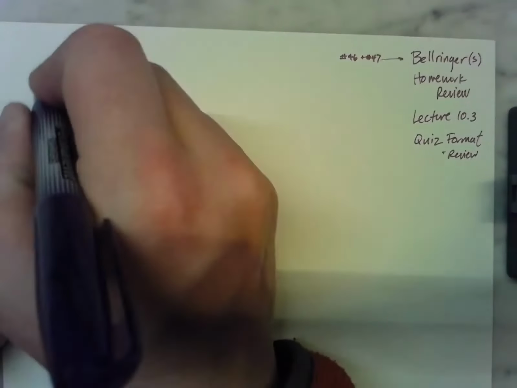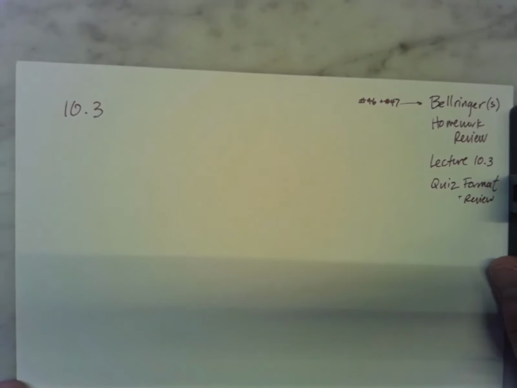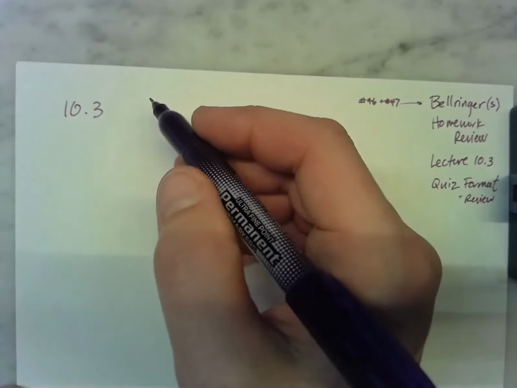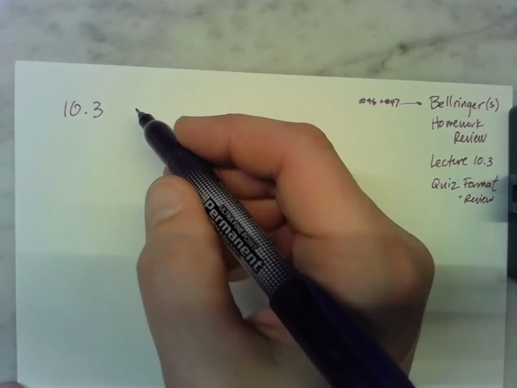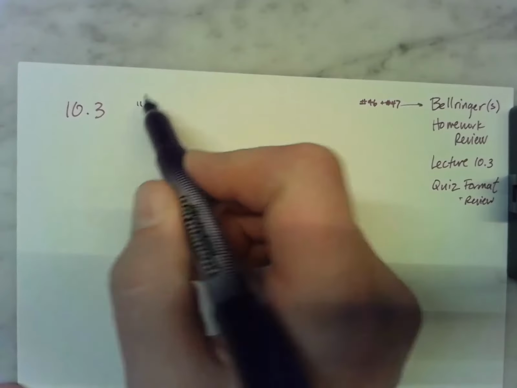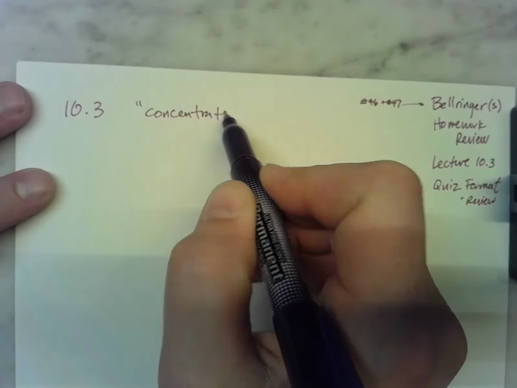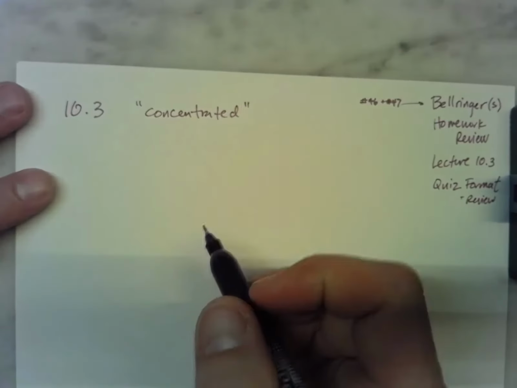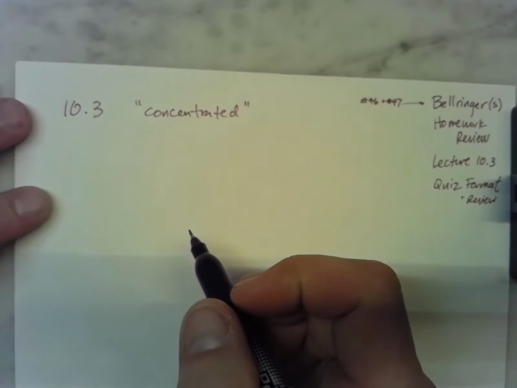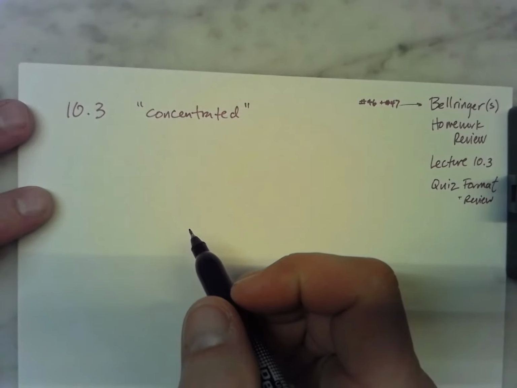All right, 10.3. So what have we got here? We kind of think of the word concentration, or let's just say concentrated. But think of it as something's more than it would normally be.